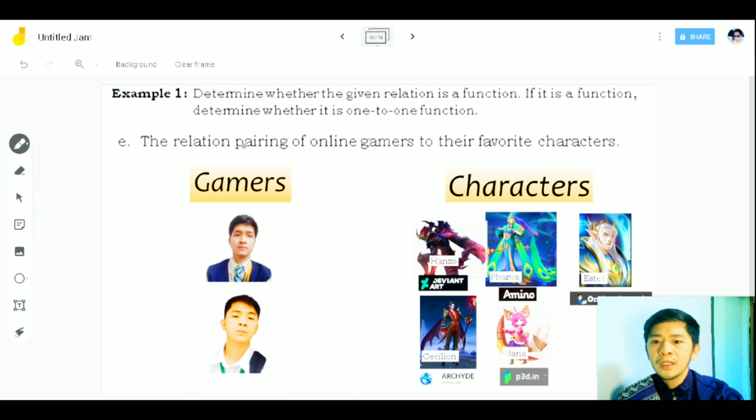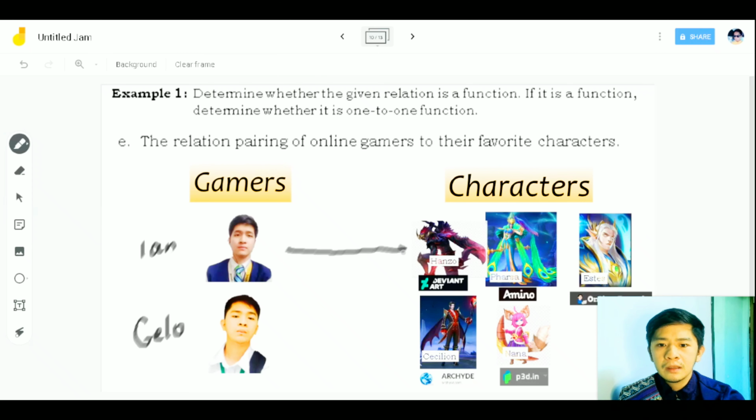Letter E, the relation pairing of online gamers to their favorite characters. So, for example, let us consider the two gamers here. We have Ian and we have Jello. For example, ang favorite character ni Ian, I am going to use the Mobile Legends as the online game.